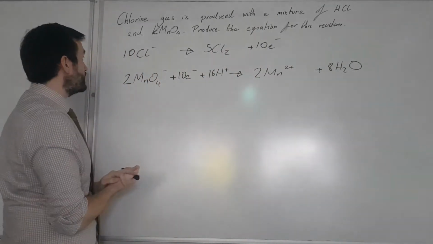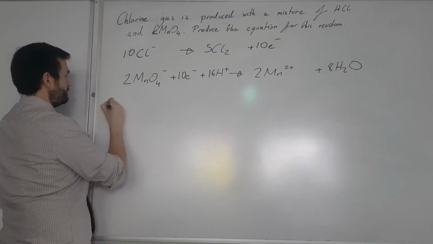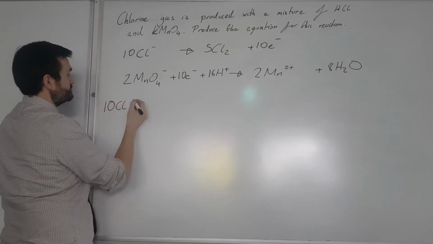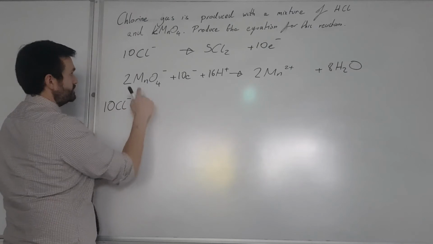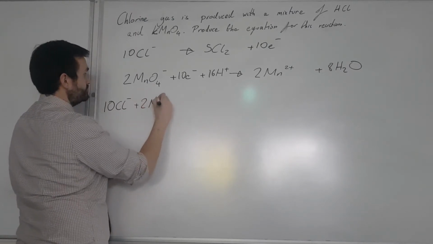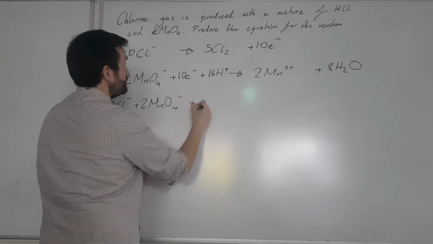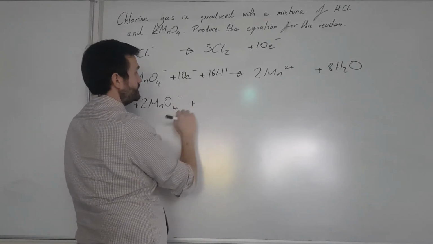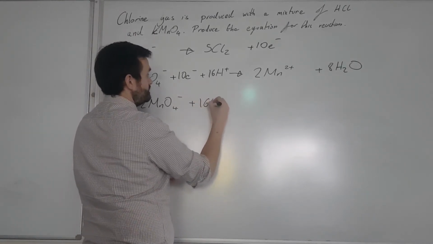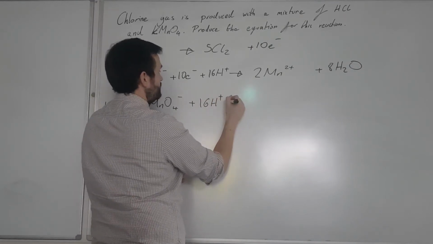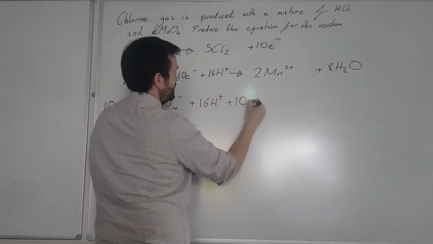I'm now going to combine these. So 10 chlorides plus 2 permanganate ions. I am going to add my electrons, but I'll do that last. My 16 protons plus my 10 electrons.